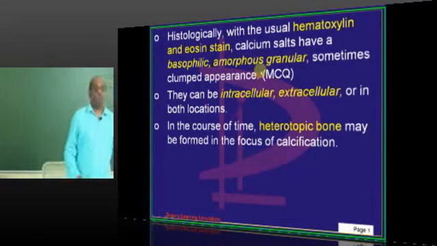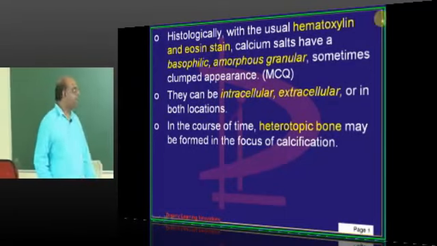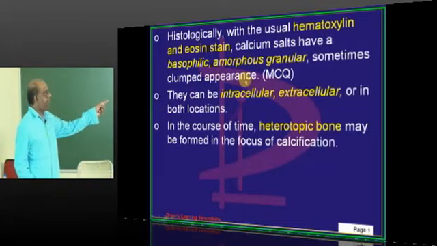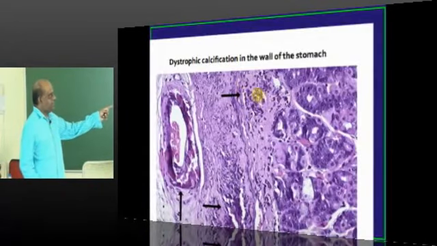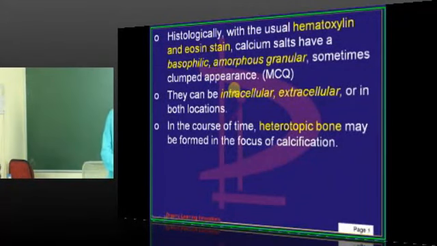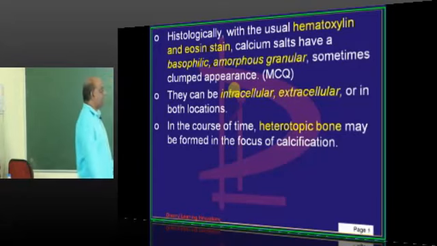Histologically, if you stain, how will calcium look? On hematoxylin and eosin, it has a basophilic, amorphous, granular and clumped appearance, which is the classical description on an H&E stain for calcification. This can be intracellular or extracellular, in any of the areas.